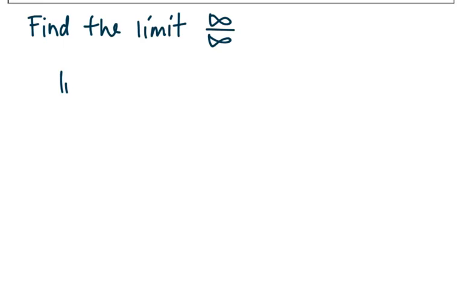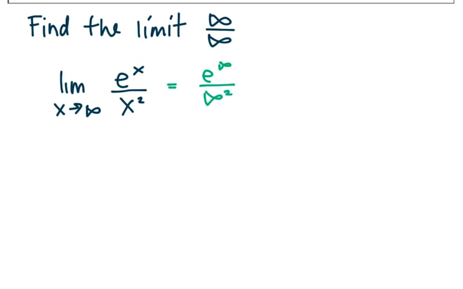We're going to do the limit as x goes to infinity of e to the x over x squared. If we try to evaluate this, which is always the first step with limits, e to the infinity over infinity squared, this turns out to look like infinity over infinity.